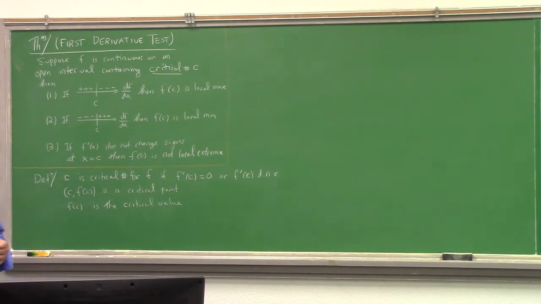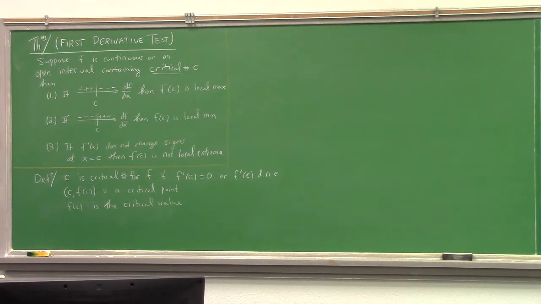I mean, the way I've given the definition, it's possible that C... Do you remember last time, Jake? Did I say C was an element of the domain for a critical point? I might have said that. So, okay, C is a point in the domain. So f of C exists.